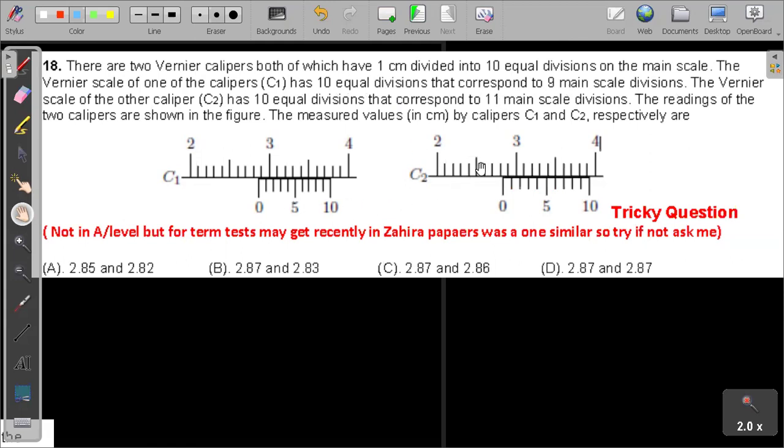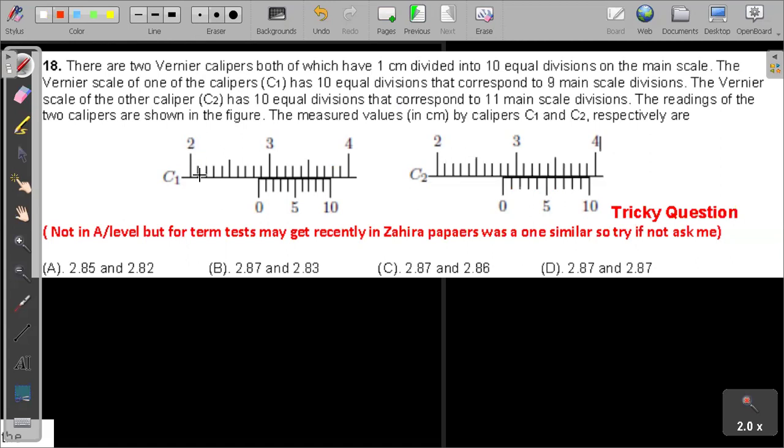It is a regular vernier scale. You can just read it as it is. The question asks for the readings of the two calipers shown below, the measured value in centimeters of C1 and C2 respectively. This one is measurable in the regular way.